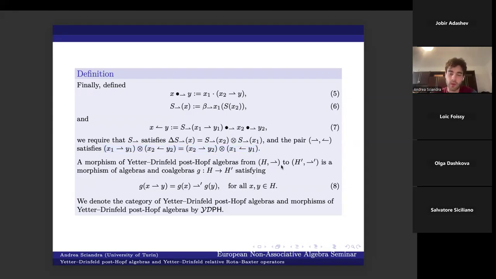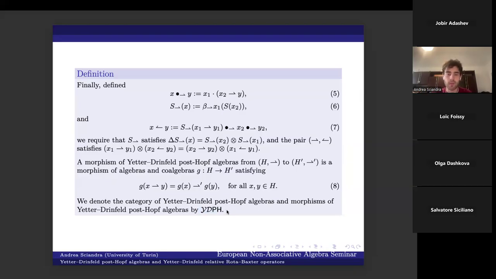And now we will explain in a minute why all these conditions. First, just to say that a morphism of Drinfeld post-Hopf algebras is just a morphism of algebras and of coalgebras, which is compatible with the harpoon. And we denote this category in this way, Drinfeld post.